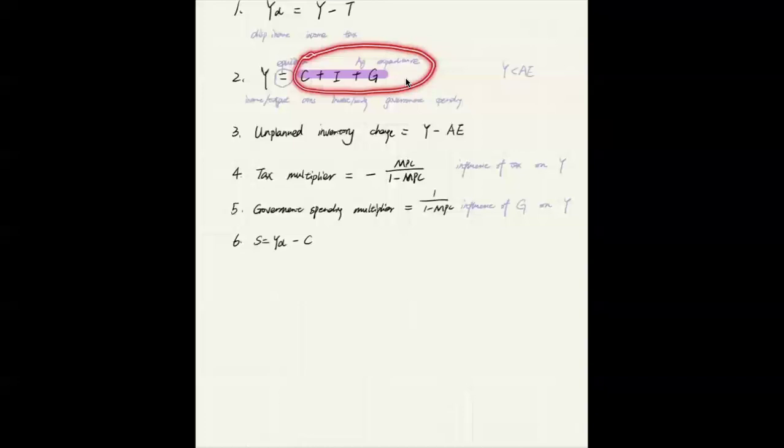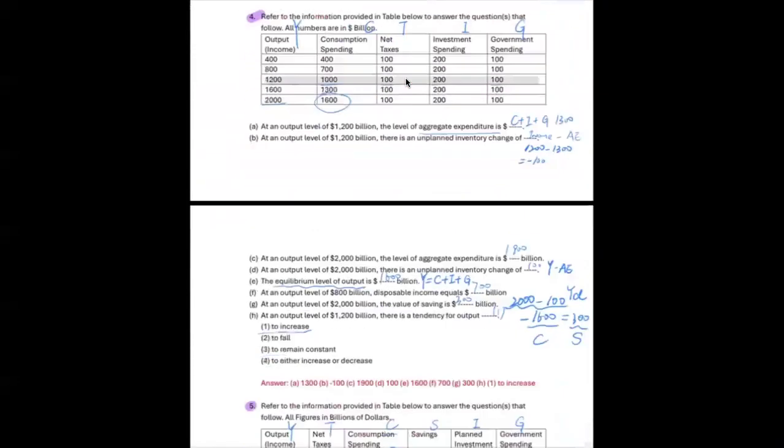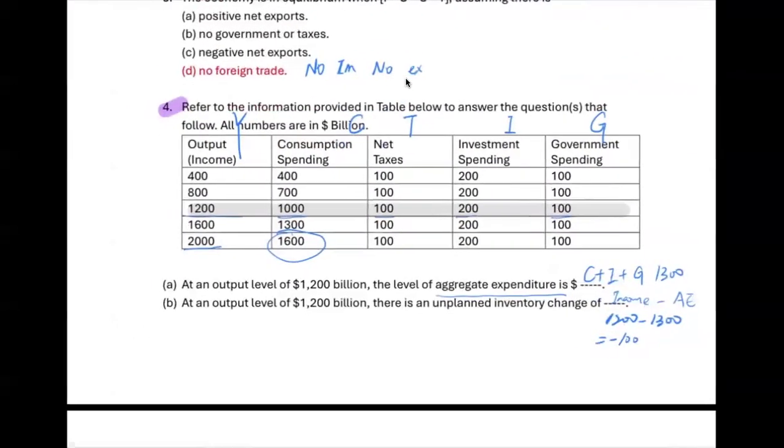From our equation 2's right-hand side, right? C and I and G. So you only need to sum up C, I, and G for this row. Then you will get your answer, which is 1,300.